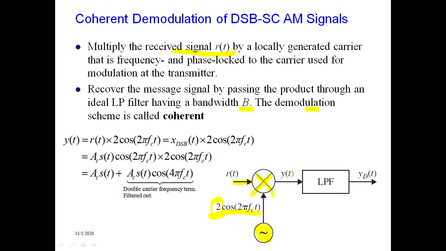This signal is going to have also a double side, so we use a low pass filter to just get one side of the signal. The low pass filter will only take frequency B. No need for both sidebands; take either the upper sideband or the lower sideband.